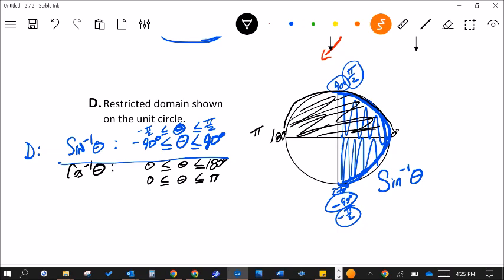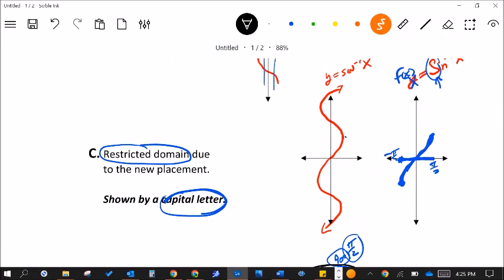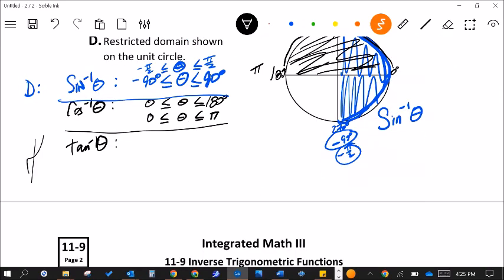And then the tangent is the same as the sine. So it's just something to be aware of, the tangent uses the same one. That's because if you think about how tangent is graphed, when you flip it the other way, you're going to have, again, the same kind of problem as with sine.